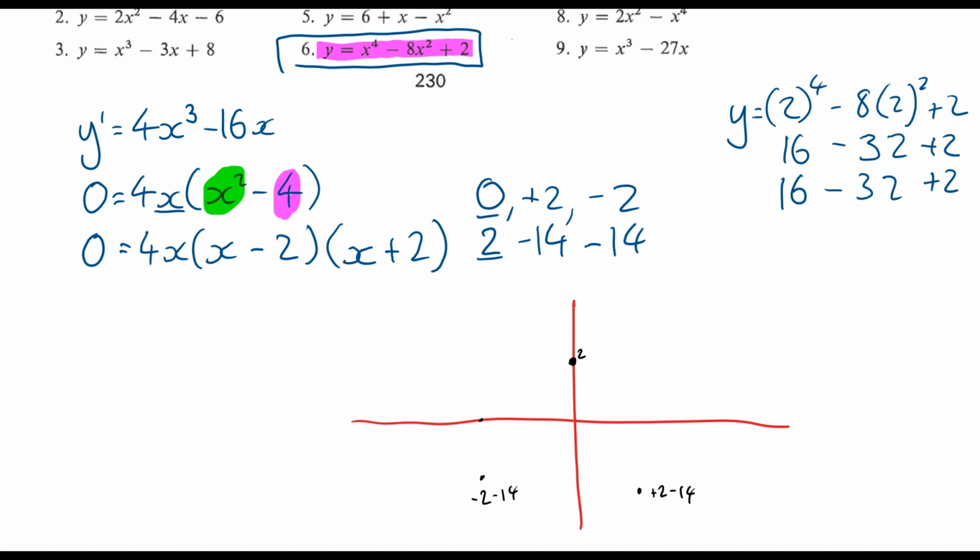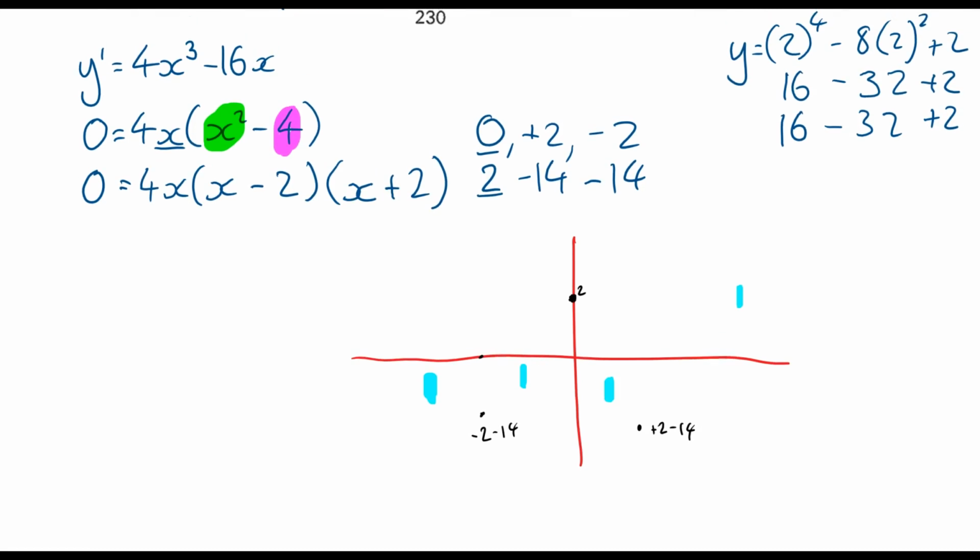I need something over here which tells me whether the gradient's plus or minus there, and does it come from below or above. I need a gradient here to tell me what it's doing between those 2 points, a gradient here to tell me what it's doing between those 2 points, and a gradient somewhere over there. So let's put those values into our table.